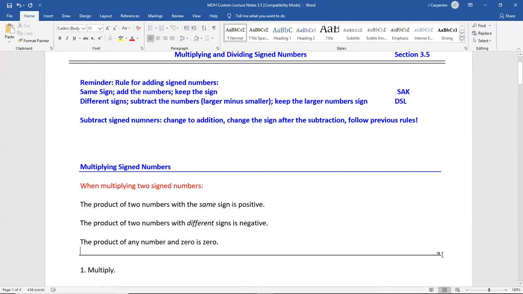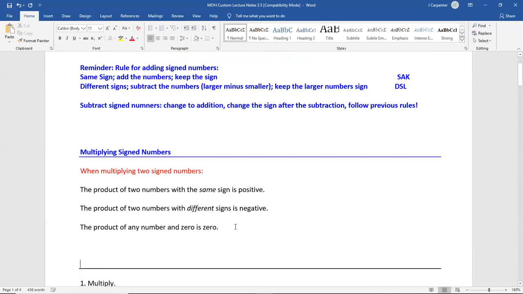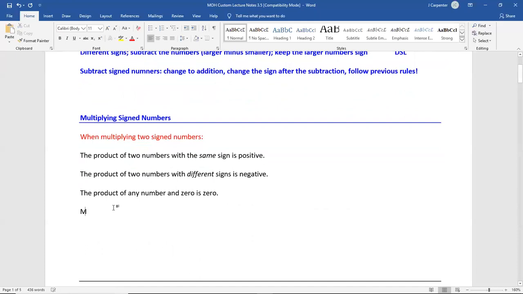So my version of the rules, the product, and let me not use their full words. I was trying to do that and I'm not going to. My version for multiplication, that's what I wanted to say.